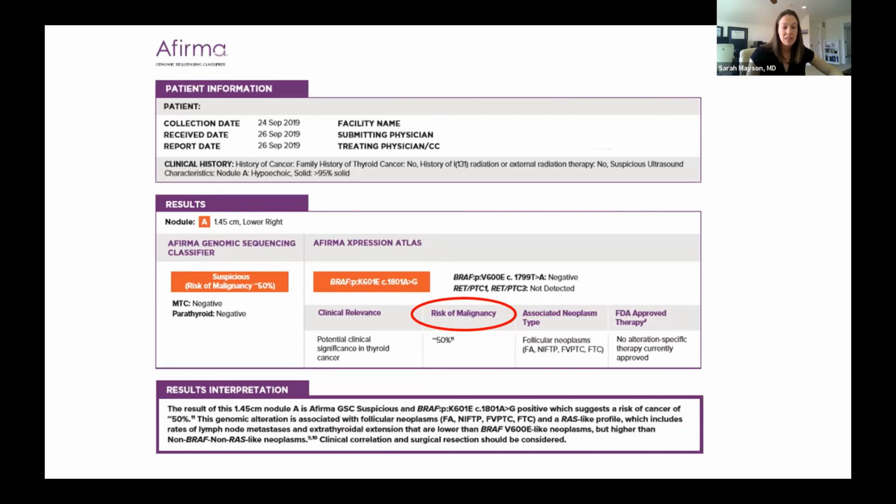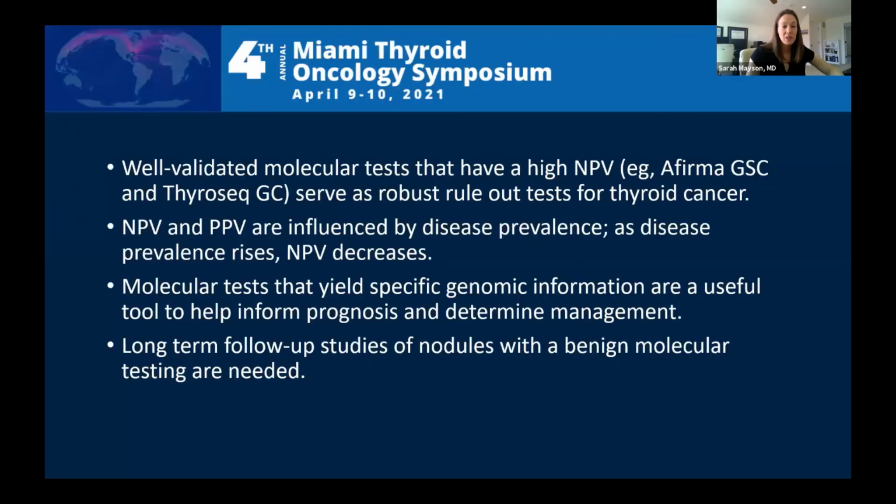They also list in this report the clinical relevance of this mutation, as well as the associated tumors that can be seen, and indicate if there's an FDA-approved therapy available that can target this particular mutation.